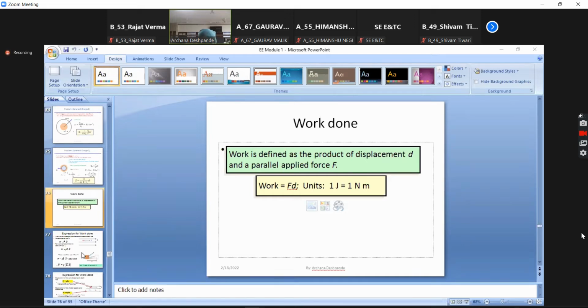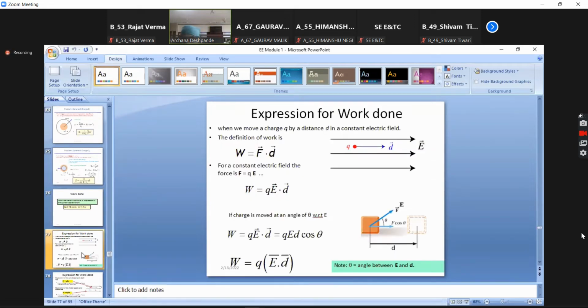Let us consider it with respect to our subject. Okay, as you can see in this diagram, there is an electric field, shown by this particular arrow, in this direction, which is shown by E. Okay, and you are moving a charge inside this electric field in the same direction.